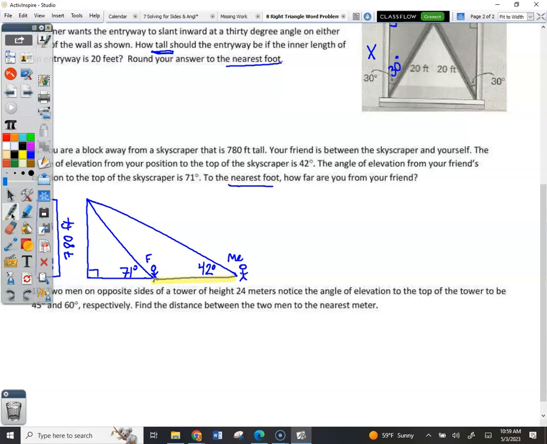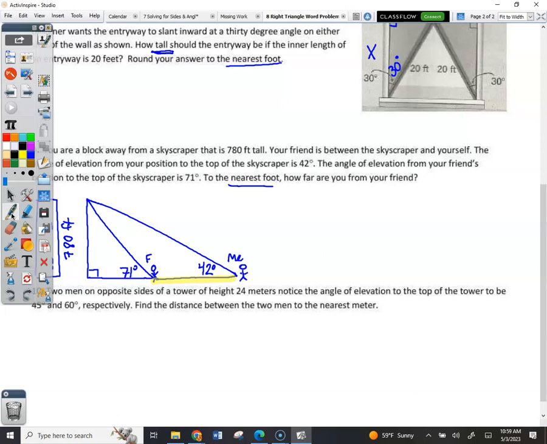All right. So look at the steps. First, let's find out how far our friend is from the building. Right? So you mute out the rest and you find that horizontal. That would be a tangent. Then imagine this as one big long side for you. Find out how far you are from the building, and then subtract the two, and that would leave you with yellow.